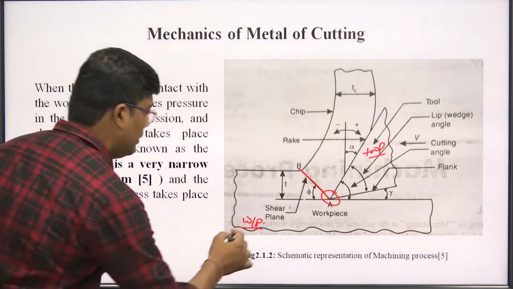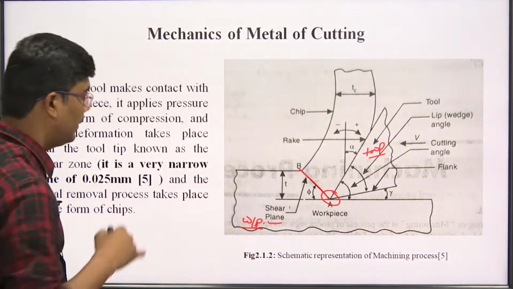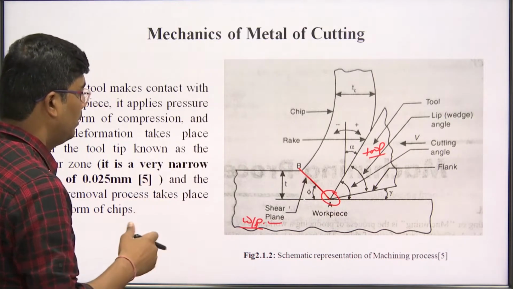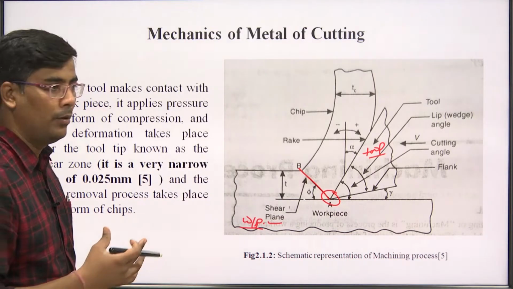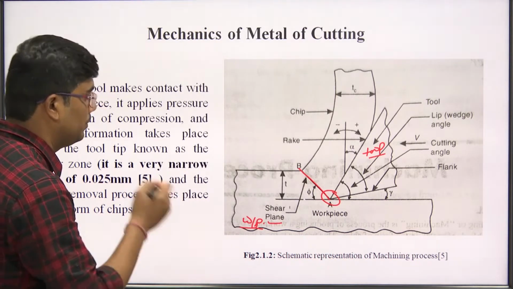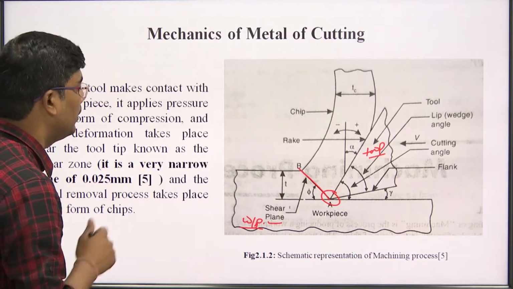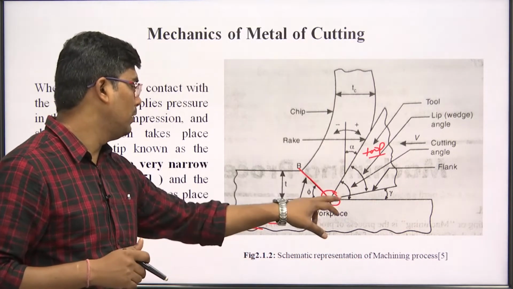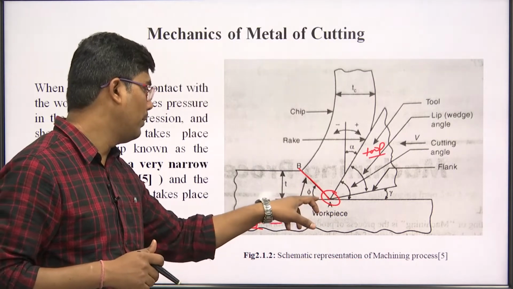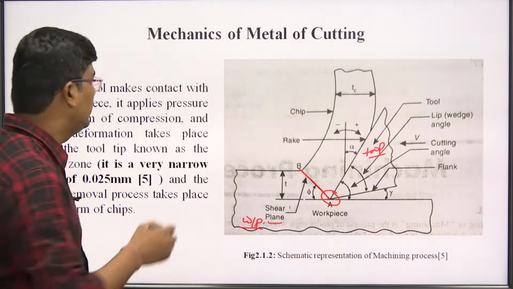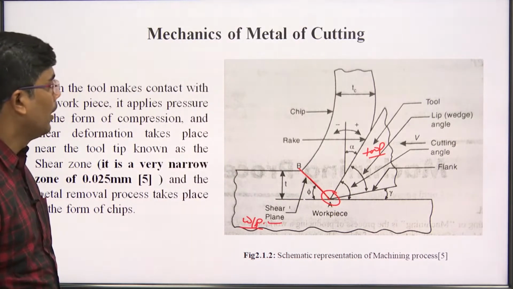This is known as a shear plane. The shear plane deforms and removes the material in the form of chips. This is the mechanics of metal cutting. In one line we can say, when we apply the cutting force, a shear deformation will be developed, and that deformation will take place in the form of chips.